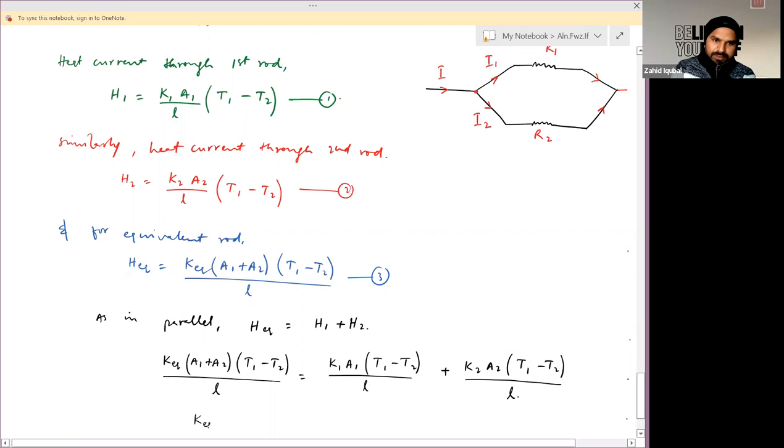On combining, you may write K equivalent equals K1 A1 plus K2 A2 divided by A1 plus A2. So this is your final thermal conductivity in the parallel combination.